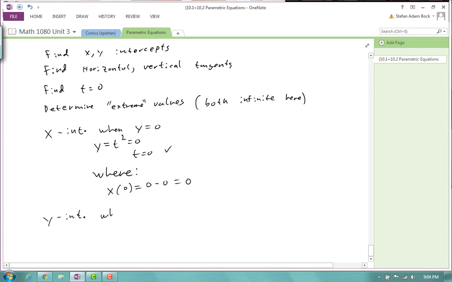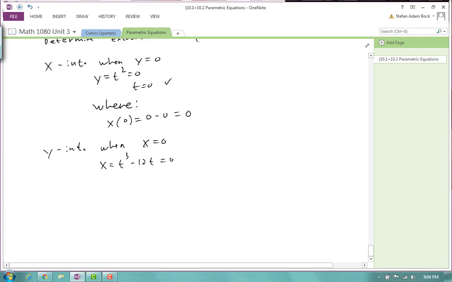Y-intercepts, when x equals 0, so that's when x is equal to t cubed minus 12t equals 0. I can factor this.